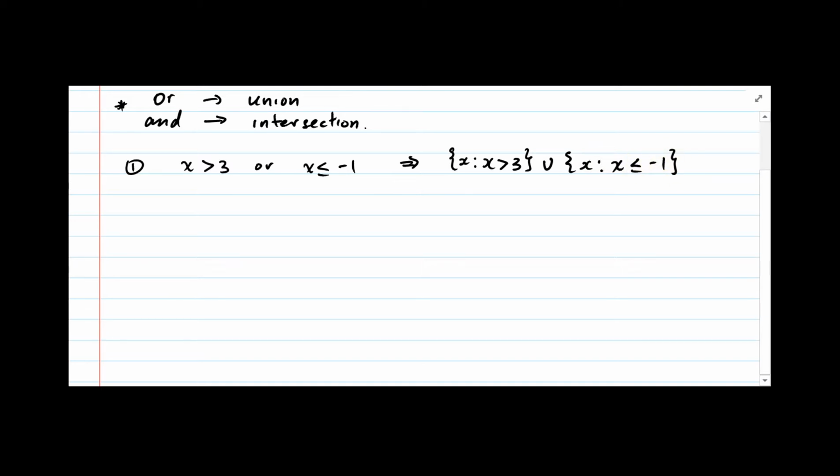Either way that we see this question, whenever I see the word "or", it means a union, or whenever I have the union, the equivalent verbal statement will be "or". Alright, what do I mean by this?